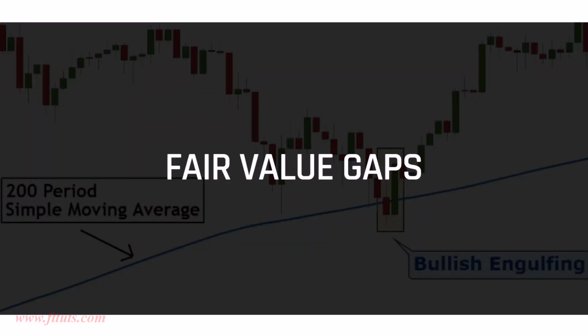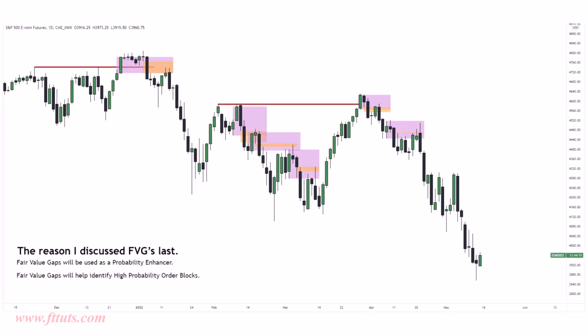So now let's talk about fair value gaps. And there's also a reason why I discuss fair value gaps last. Okay? And fair value gaps will be used as a probability enhancer. So what that means is, if you see an order block and a fair value gap, that order block turns into a high probability order block.